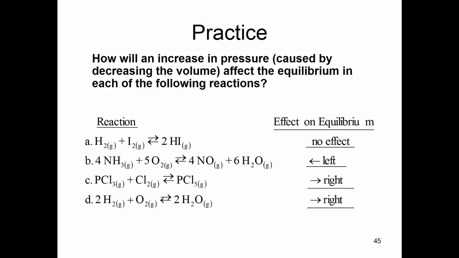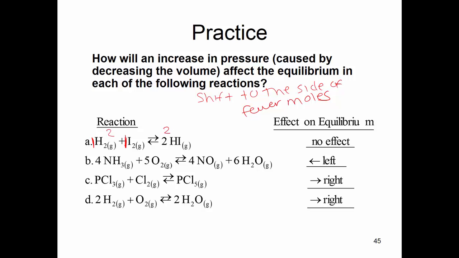Okay, now we're just going to look at pressure for practice in all of these equations. We're going to increase pressure, and like I said, this means we decrease volume. If we increase pressure, our rule says that we shift to the side of fewer moles. This one's sort of interesting because I have 2 moles on the left and 2 on the right, so I have equal.